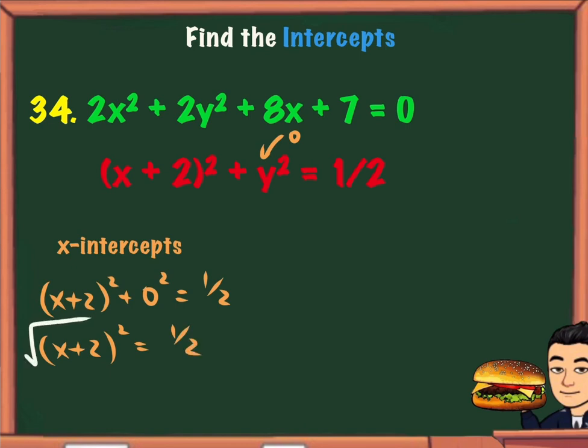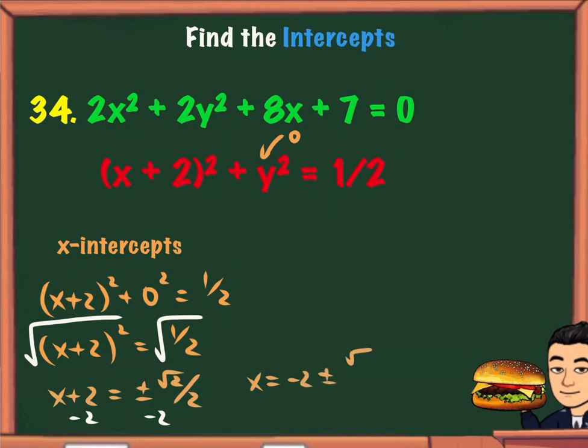If you square root both sides, you get x plus 2 equals plus or minus square root 2 over 2. Go ahead and subtract 2 on both sides. X is equal to negative 2 plus or minus square root 2 over 2. And this will be your x-intercepts. You're going to write negative 2 plus or minus square root 2 over 2, comma, 0.